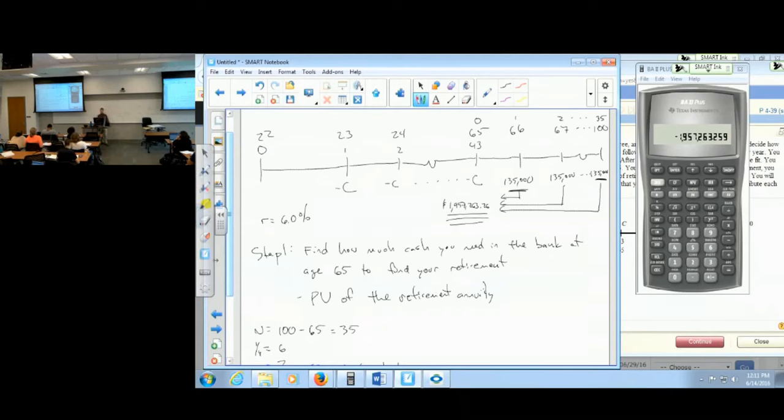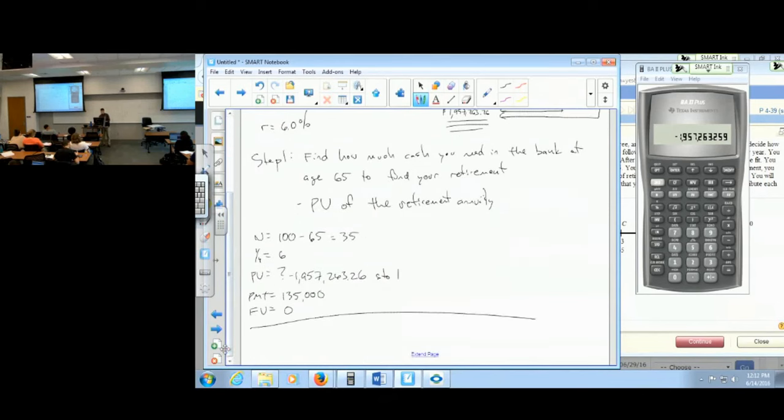The next question we need to answer is, what payments do I need to make to add up to that? All right, so that's the future value of an annuity, and I need to solve for the payment that makes that thing true. But I know everything else. I know the number of payments. I'm going to make 43 total payments in this thing. I know the interest rate. I'm earning 6% per year. I know the future value, just under $2 million. I know I'm starting at 0.